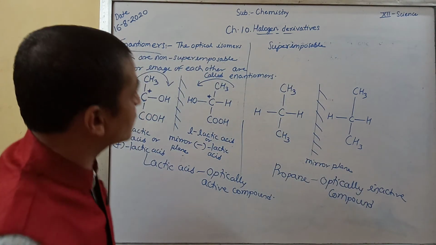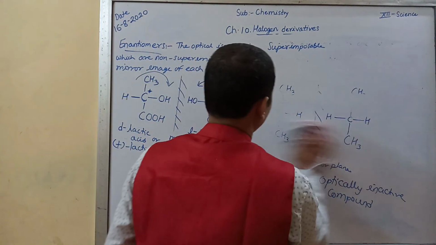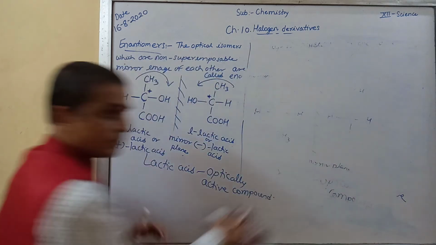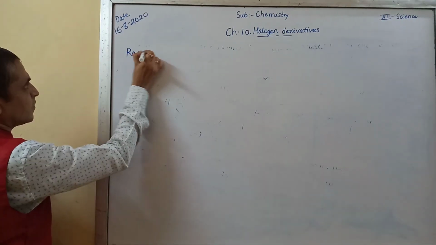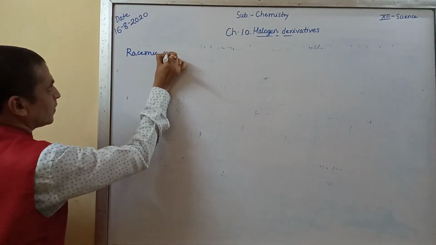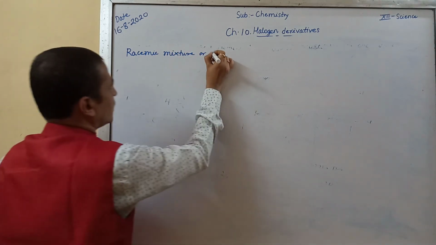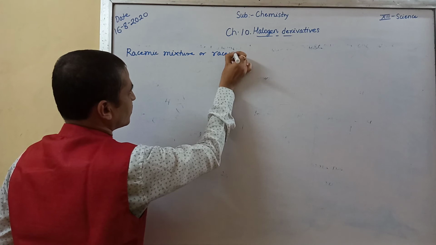Now come to the last concept, that is racemic mixture, which is also called racemic modification.